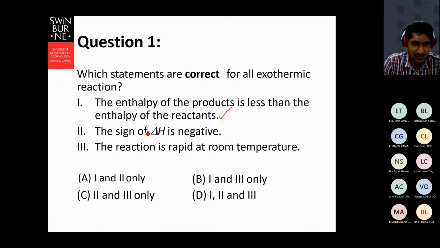Delta H is negative for exothermic, and this is true. Second, the reaction is rapid at room temperature. There is no rule that says it will be faster at room temperature or at high temperature. It's not true. So A is correct for this.